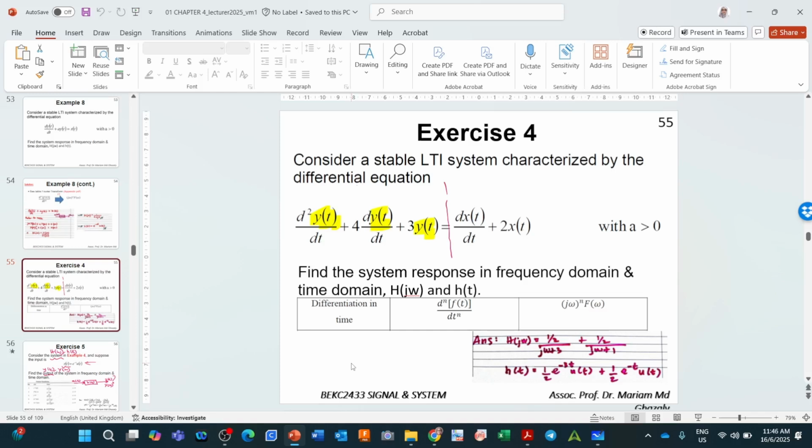Means that for d squared y over dt squared, what you get is j omega to the power 2 here, right? So you have 2. So this one is 2. y(t) becomes Y omega. So this is the conversion.